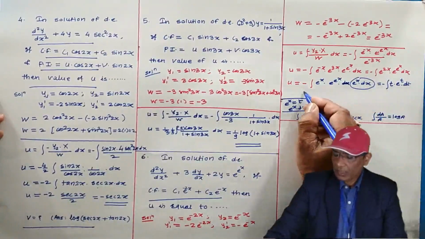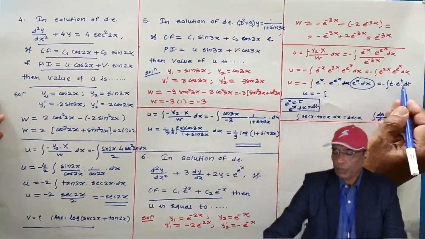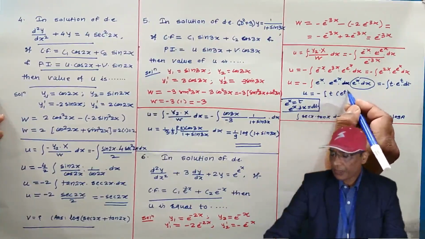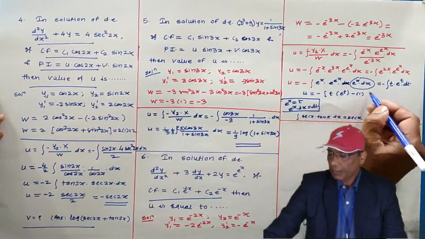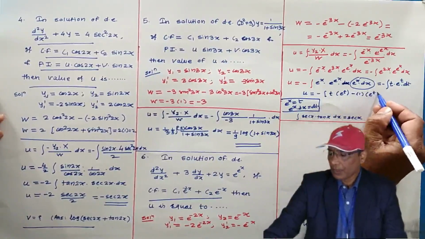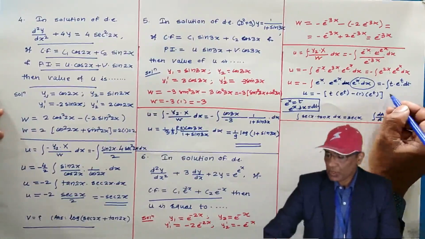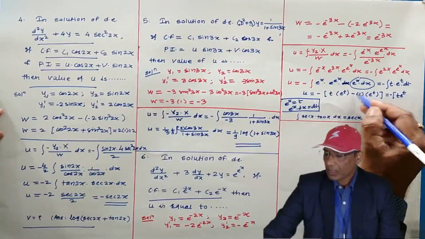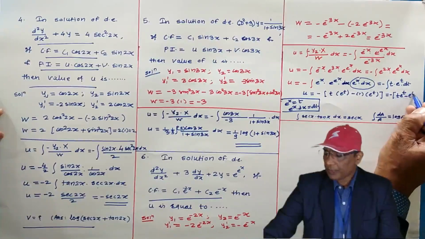Then use here generalized integration by parts: minus integral of t to the power t is first function, integral of e power t minus derivative of t is 1, and integral of e power t is e power t. Okay, and derivative of 1 will be 0. It's generalized by part rule I am using. So u equals minus t e power t minus e power t.